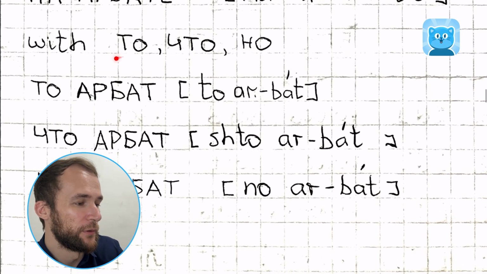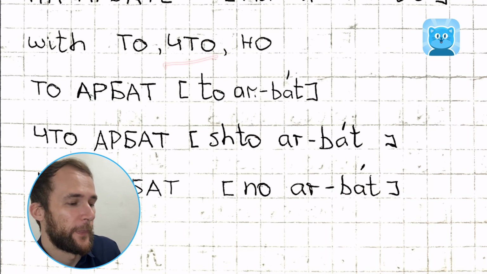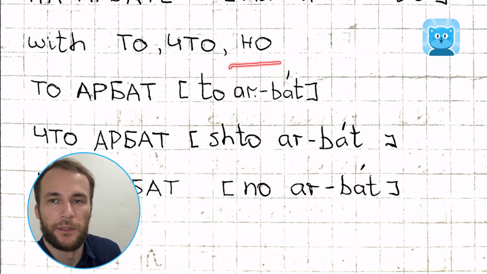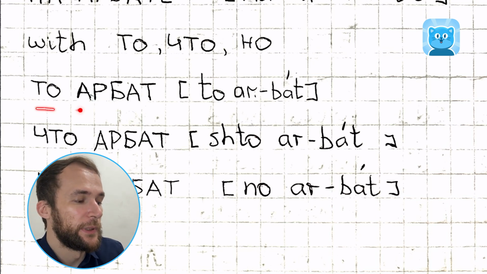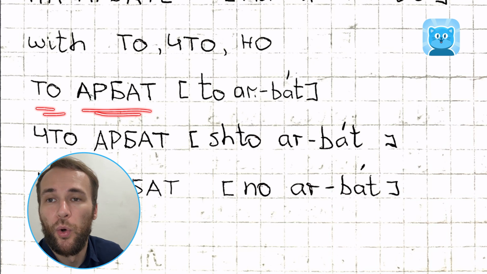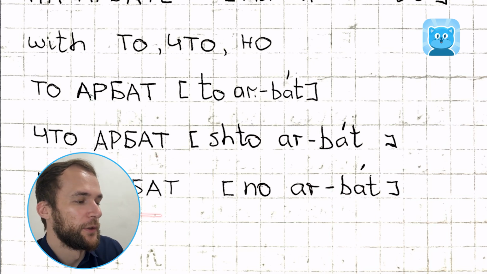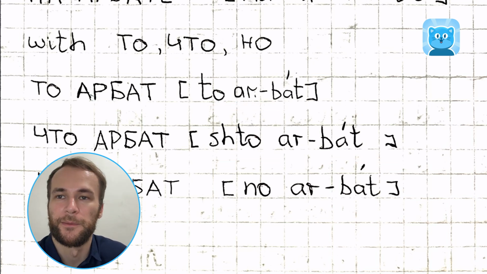With words то, что and но. То is either, что is what, or also either can be pronounced as what, and но is but. So, то Арбат, что Арбат, но Арбат. То Арбат, что Арбат, но Арбат. Okay.